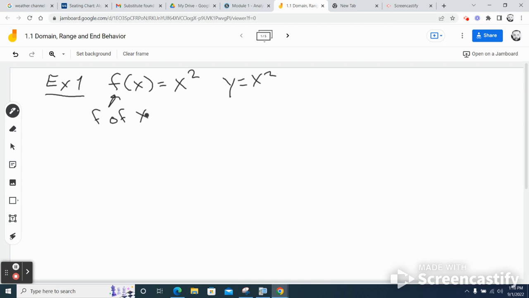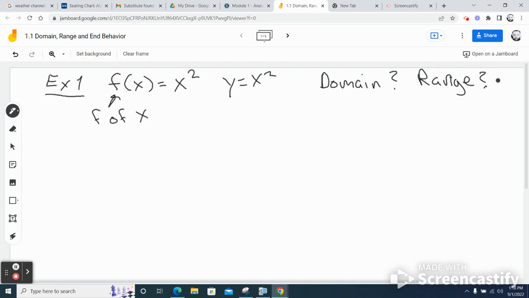We need to understand what a function is before we can find the domain and range. So remember that the question is asking us, what is the domain and what is the range of this function? Okay.